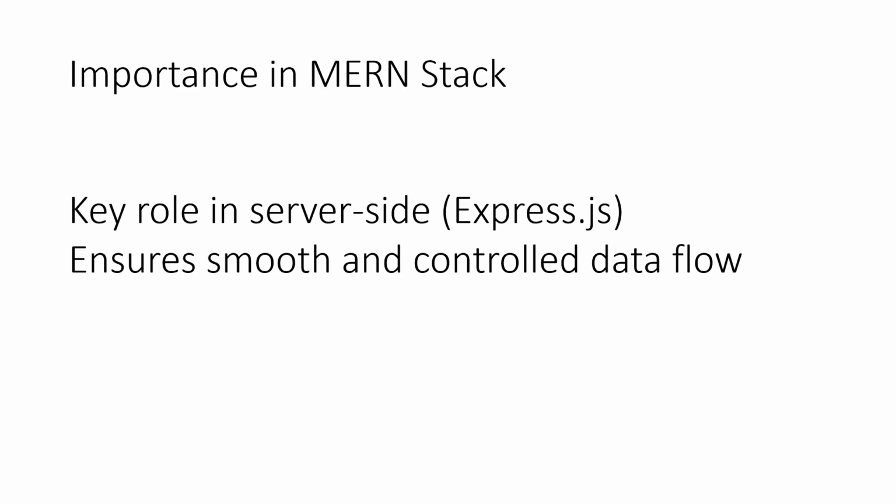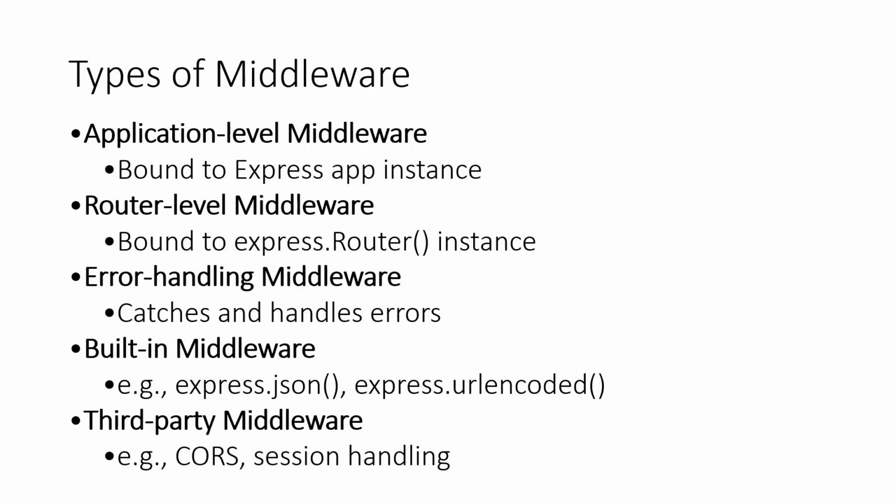In this unit, we will discuss the types of middleware. So let's have a look at the various types of middleware. We have application level middleware. This type of middleware is bound to an instance of the Express application using the app.use method.